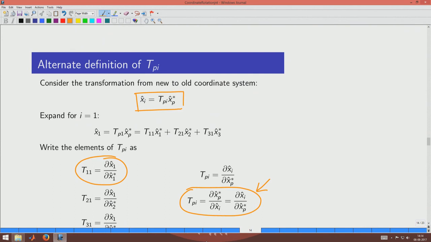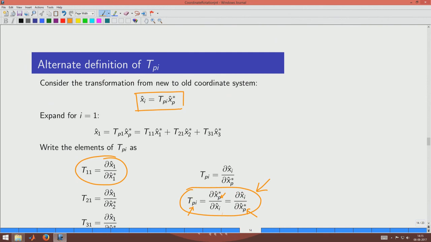The reason why it happens is the same principle. Basically, the inverse of T is the same as the transpose. So, here you can see that the index positions are changed, and what it implies is that we are taking the transpose when you are doing the second way of differentiating, and therefore, the inverse transformation is giving you the same TPI.